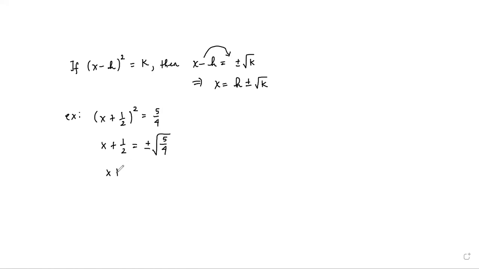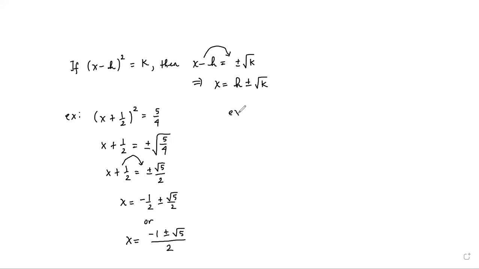But this one will be x plus 1 half is equal to positive negative square root of 5 over 2, because square root of 4 is 2. And then we transpose 1/2 to the right side. So we get x is equal to negative 1/2 plus minus the square root of 5 over 2. Or we can write this as negative 1 plus minus the square root of 5 all over 2.